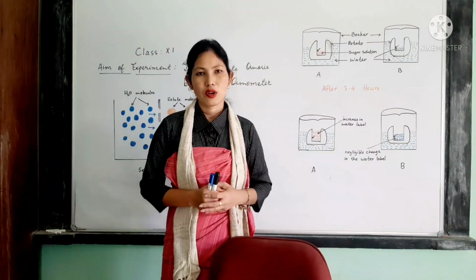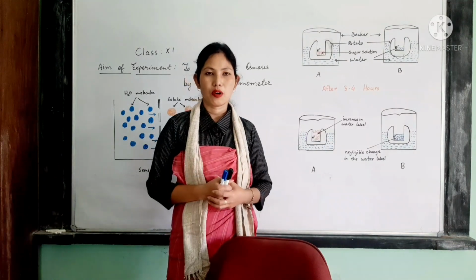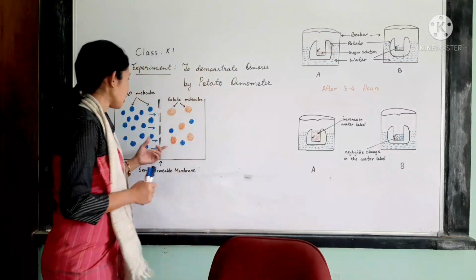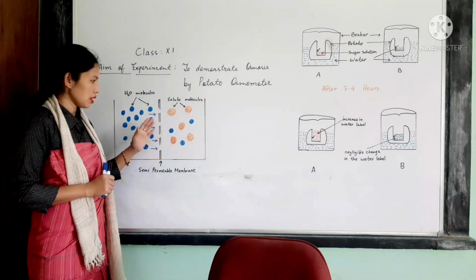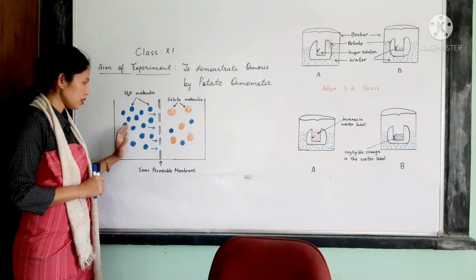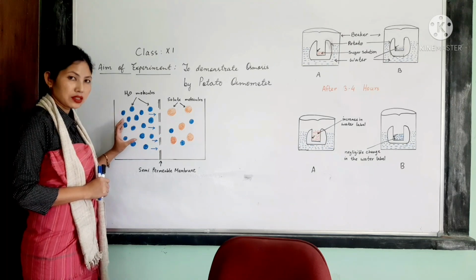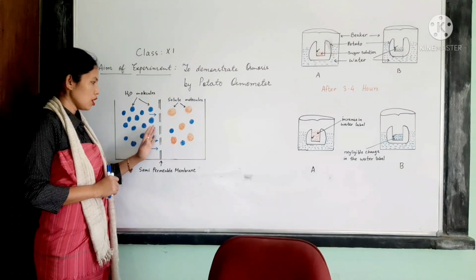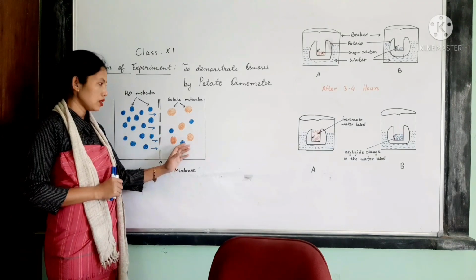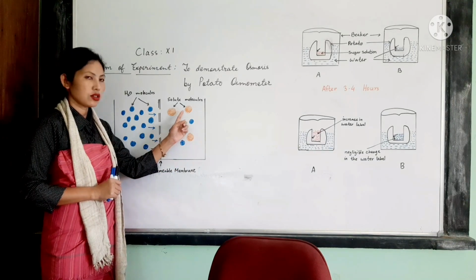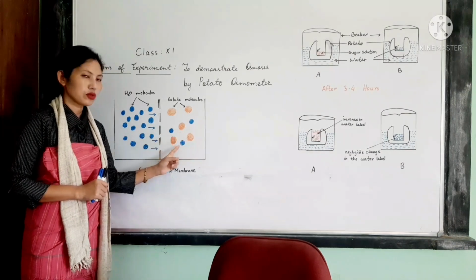Let us see osmosis with the help of a diagram. Here you can see in this diagram, on this side of the membrane, there are water molecules in abundance, whereas on the other side of the membrane there are solute molecules and also water molecules.